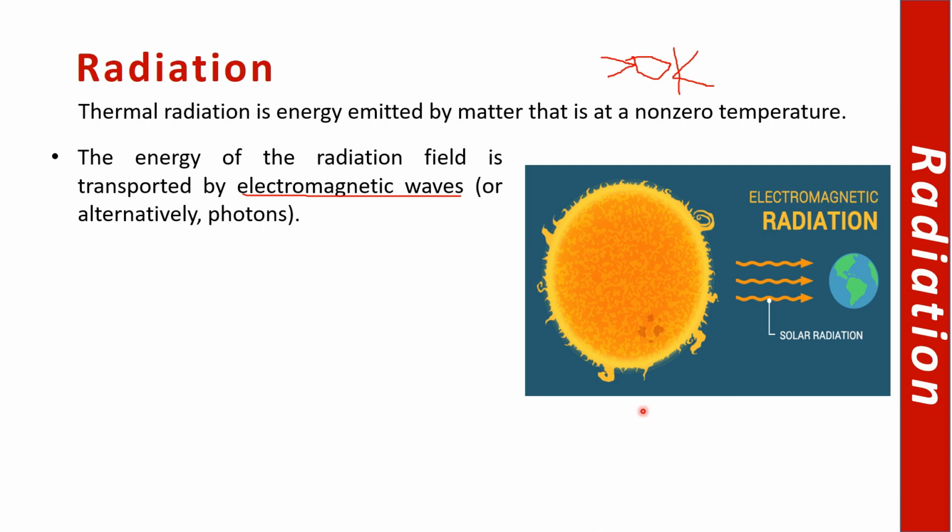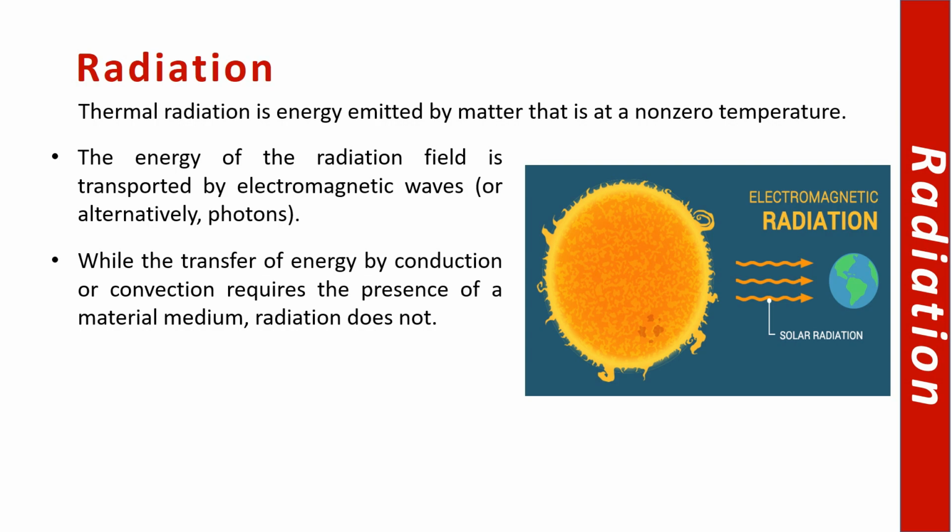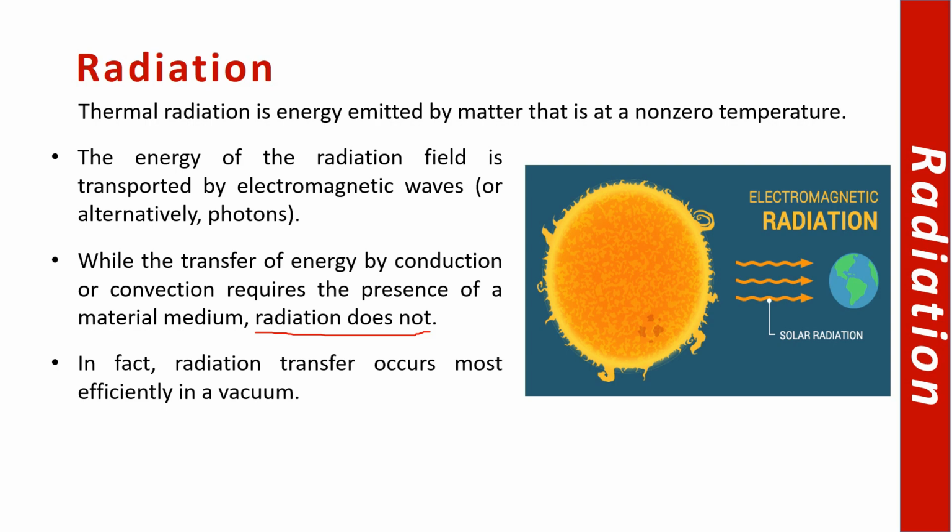It's because it does not require any medium for propagation, right? So thermal radiation does not require any medium for propagation. While heat transfer by conduction and convection requires a medium, radiation does not. In fact, radiation occurs more efficiently in vacuum, right?